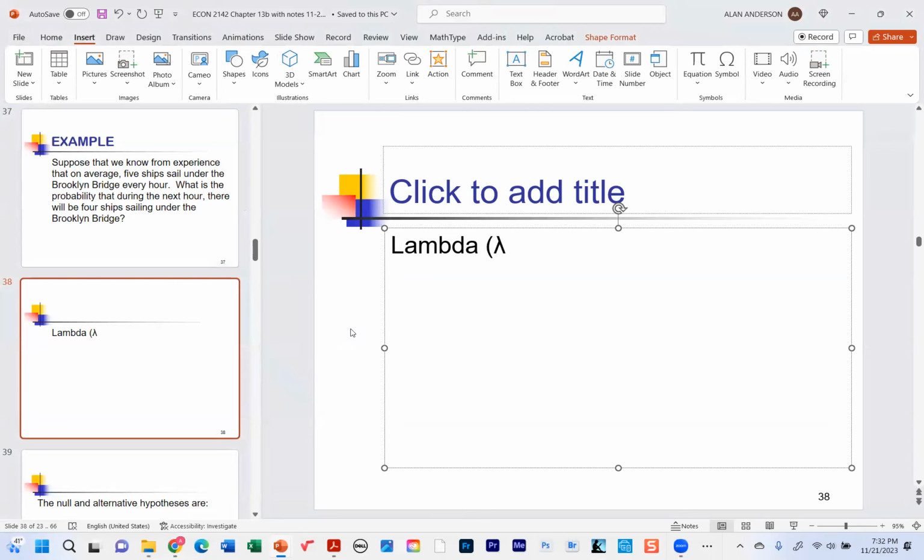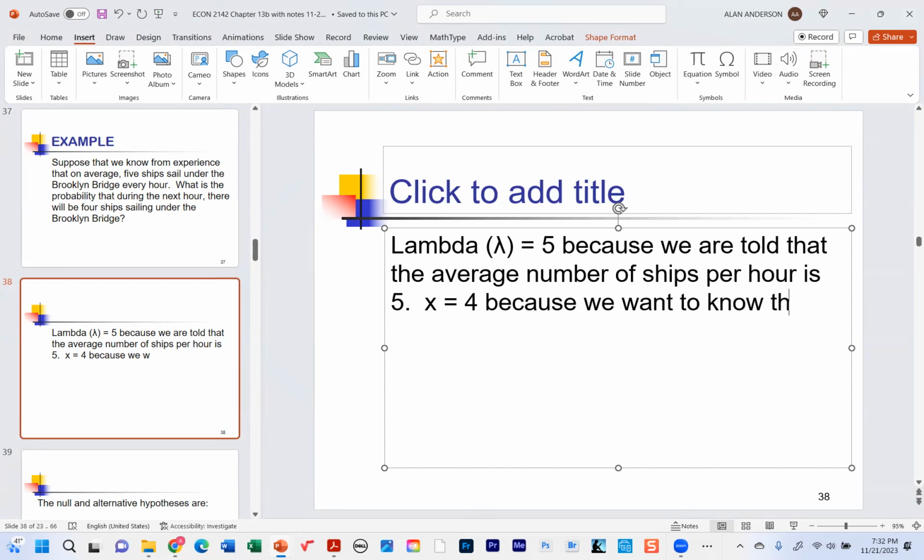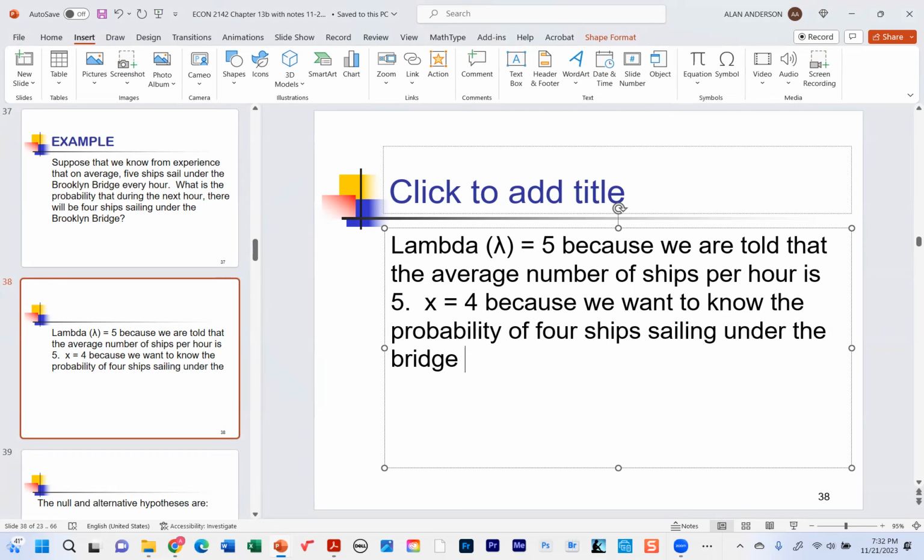Equals 5 because we are told that the average number of ships per hour is 5. X equals 4 because we want to know the probability of 4 ships sailing under the bridge over the coming hour.